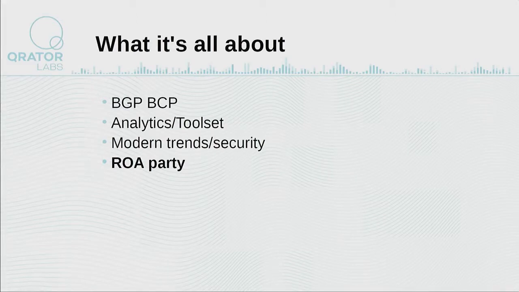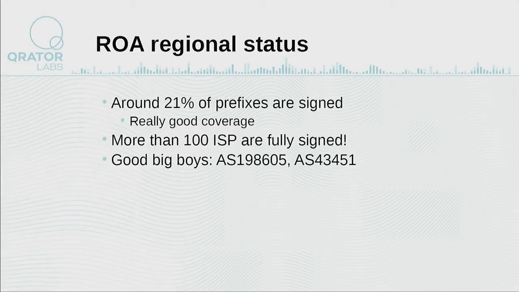Okay, and let's move to the party. And first of all, I'm gladly to say that after applying a drop invalid policy on Tier 1 operators and some of the IXPs, small operators decided to sign their prefixes with ROA.